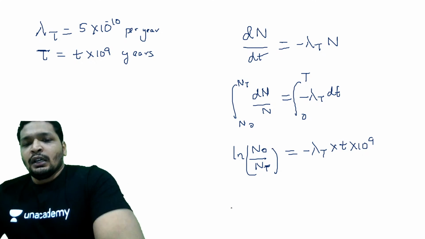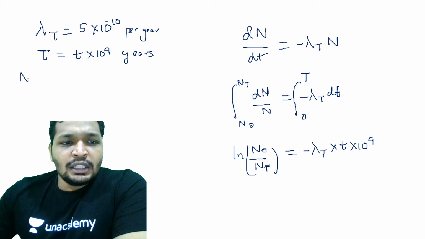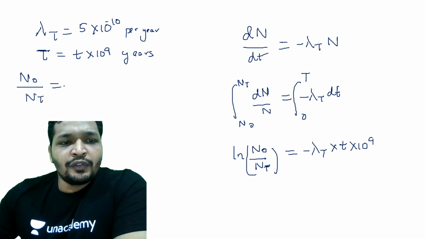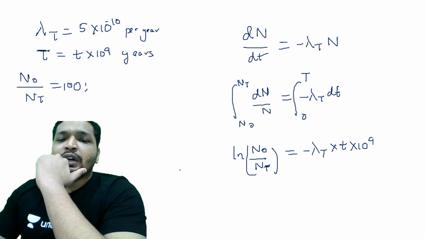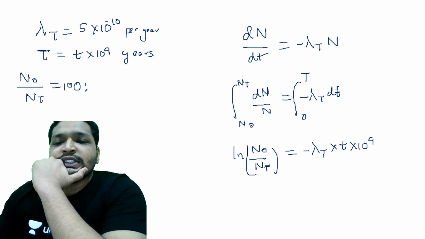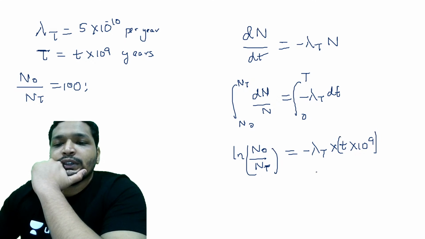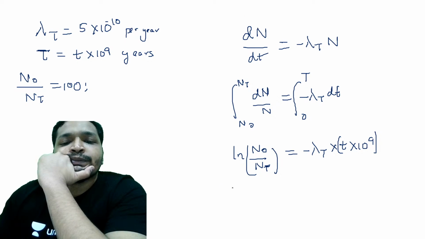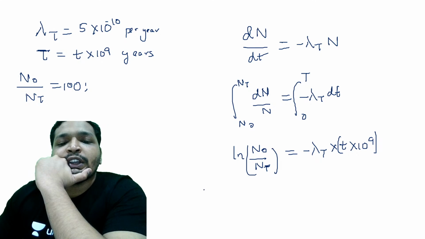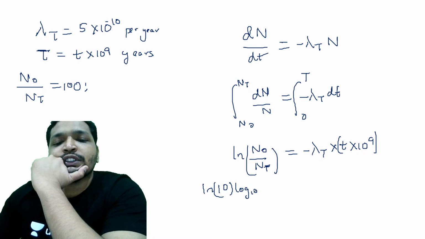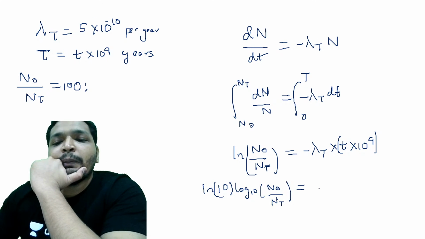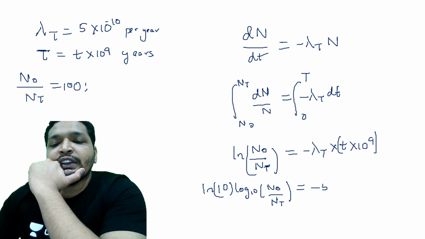Okay, now, and we derived also this thing, if you remember, N naught by Nt is going to give you 100, and we have to convert this into log base 10, because that exists. And this is going to be log base 10 of N naught divided by Nt into... minus will not be there, this would be a plus because I already took it.